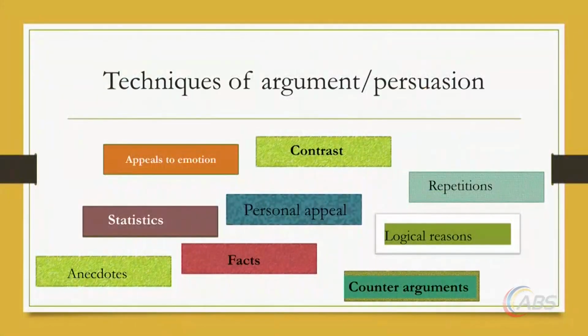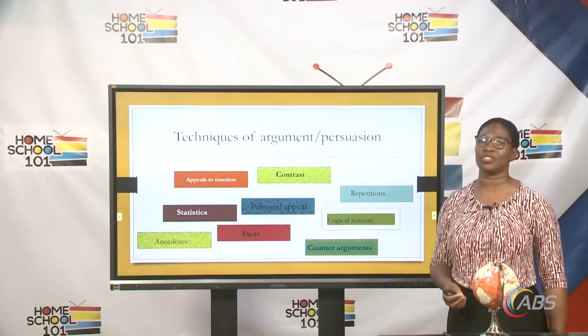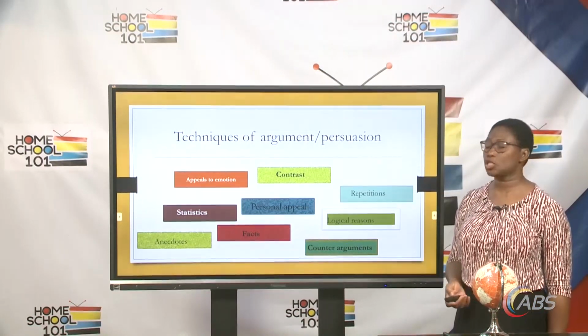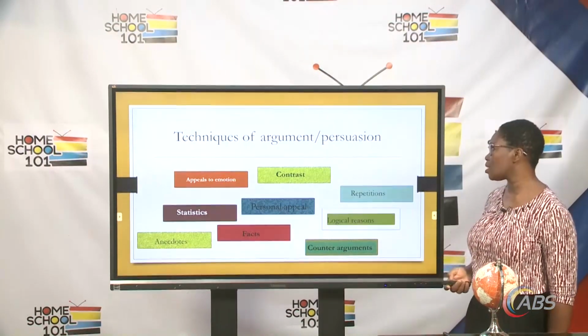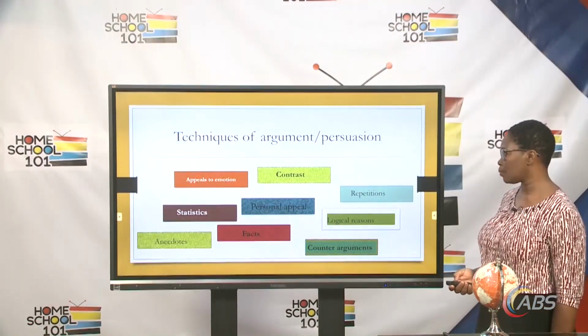Finally, we have counter-arguments. Any good argument considers the opposing views and provides a reason why the opposing view is not accurate or sound. So these are the techniques of argument that writers generally use.